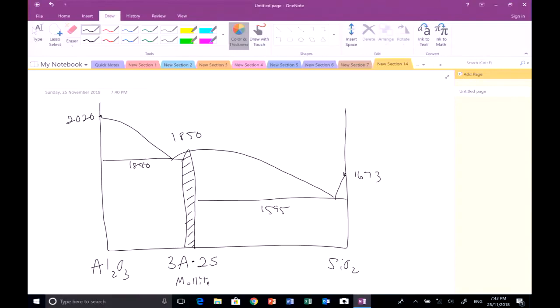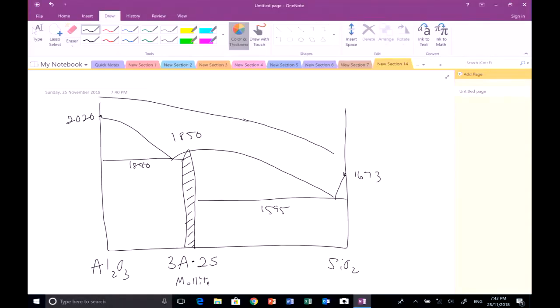What does this diagram tell us? Well, this is the basis for many refractories. The entire phase diagram is used to make different refractories. We can have high silica, we can have high alumina. First thing we can see is that the general slope of the liquidus is like that.